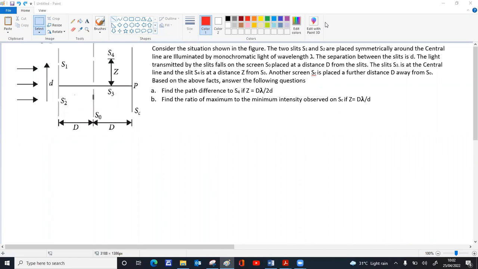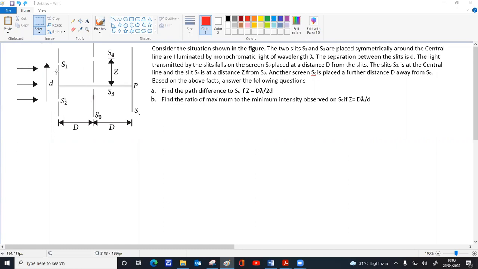In this question, there are two slits S1 and S2 placed symmetrically around the central line, illuminated by monochromatic light of wavelength lambda.